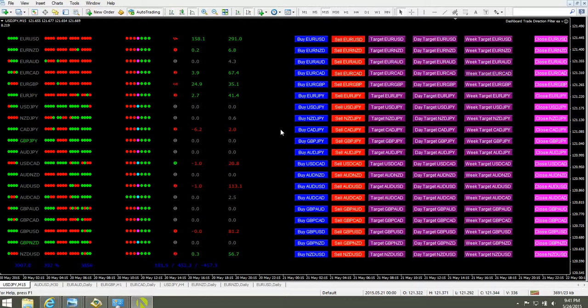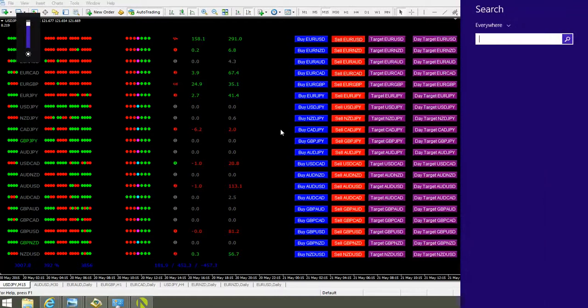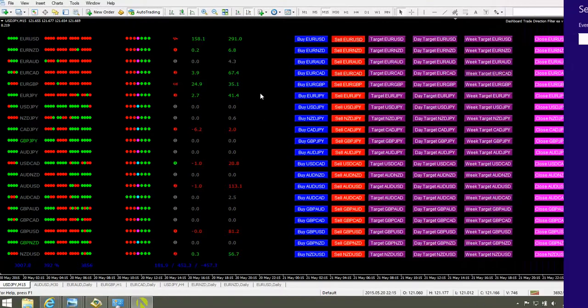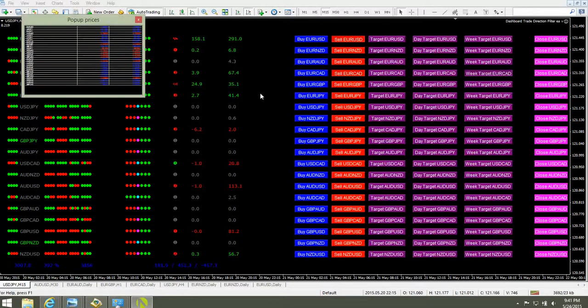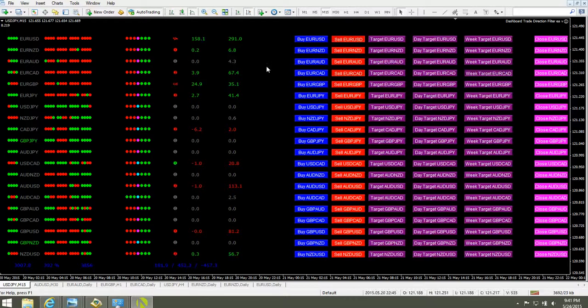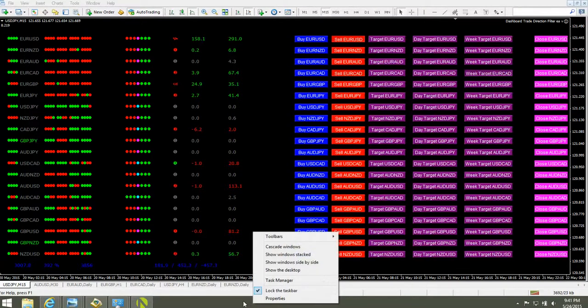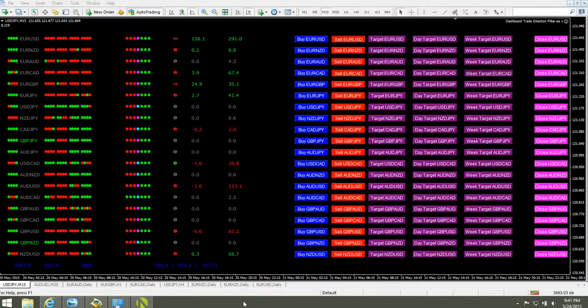Or Function 10. Function 9. Nope. Let's see here, Shift. And I hit Shift, Function 10. Nope. Oh. Well. Let's see here, Control Alt Delete.